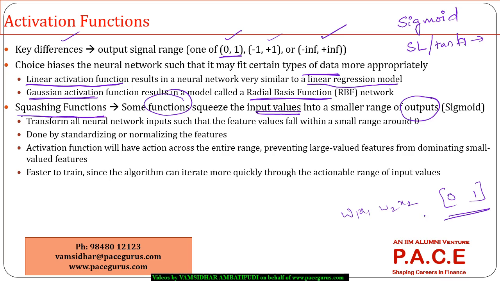If you look at the sigmoid function, X1 could be much bigger, X2 could be much bigger, but whatever inputs I give, the whole output value will come between 0 to 1 only in case of a sigmoid, or minus 1 to plus 1 in case of a couple of other functions. So the whole range is getting squashed.